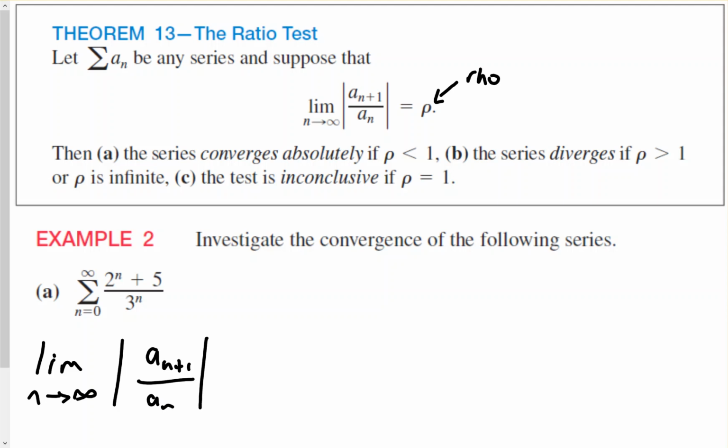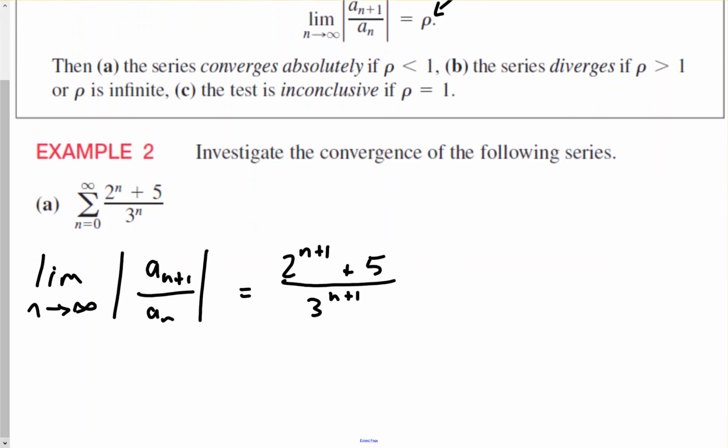Okay, so this would be, for the n plus 1, 2 to the n plus 1 plus 5 over 3 to the n plus 1. And then we're going to divide this by our original term in the series, so divide by 2 to the n plus 5 over 3 to the n.